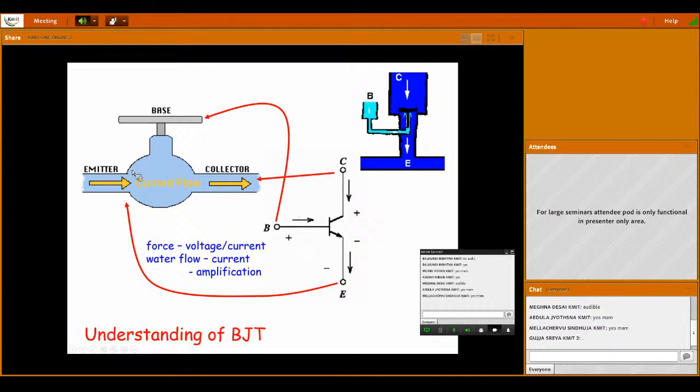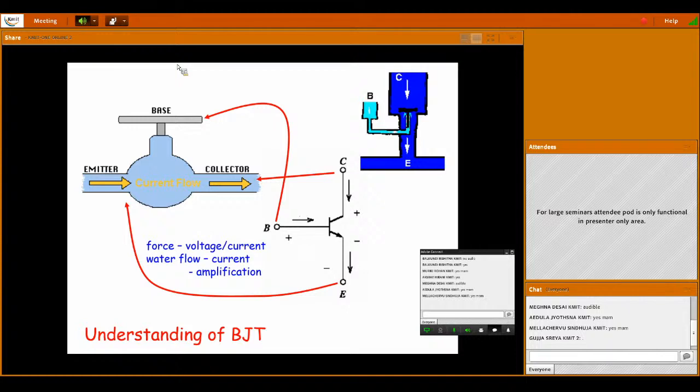Now, the same operation I just discussed with the water pump, I explained here. A properly applied base to emitter voltage, or electrical energy, can transfer the current from emitter to collector. Only then do we get the collector current. So why have we named this emitter, base, collector?